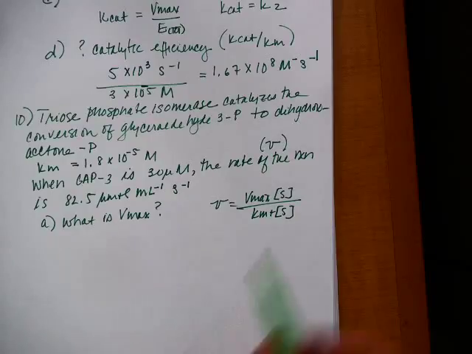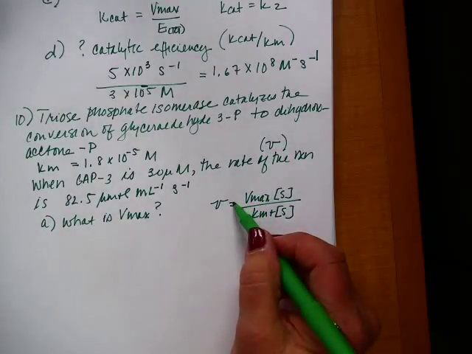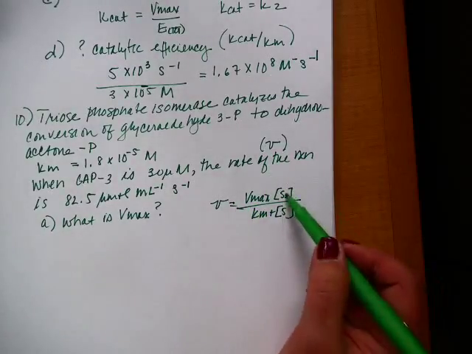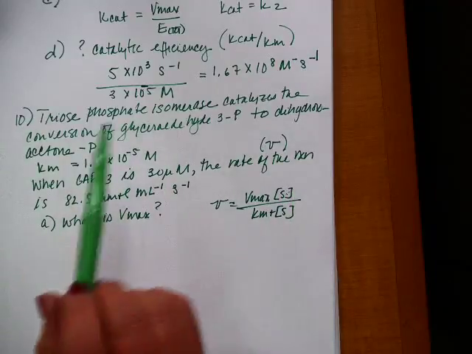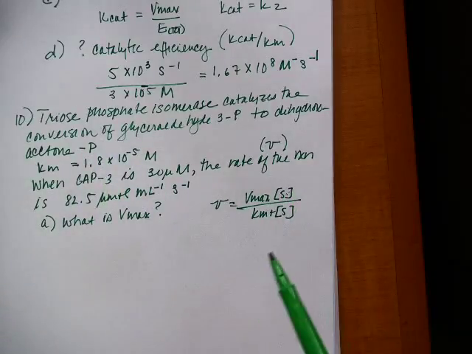We've got velocity, and we have our substrate concentration because our substrate is glyceraldehyde 3-phosphate.